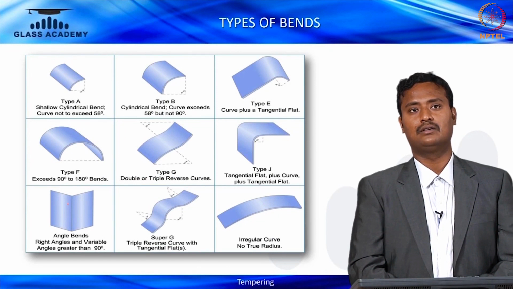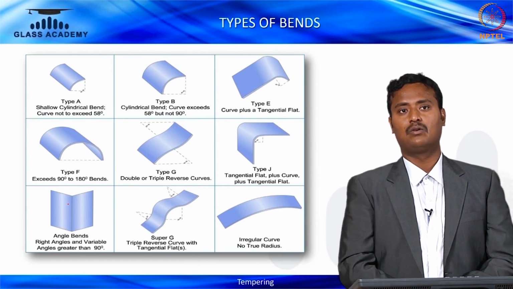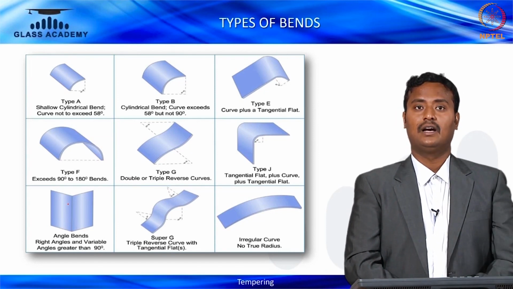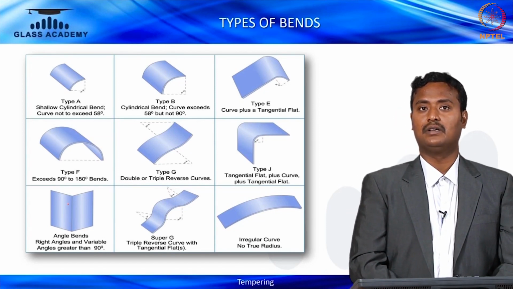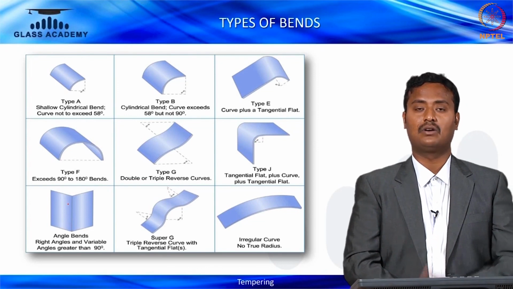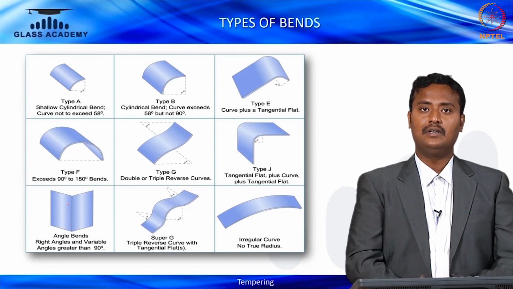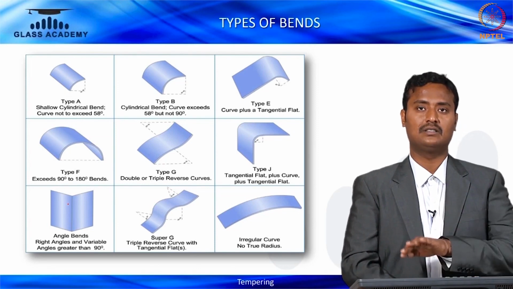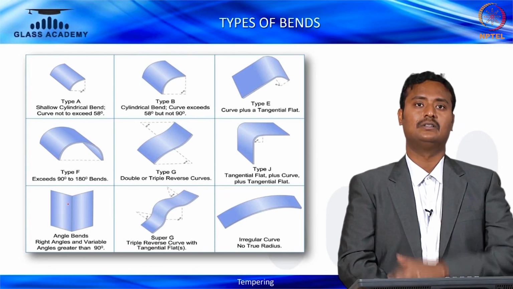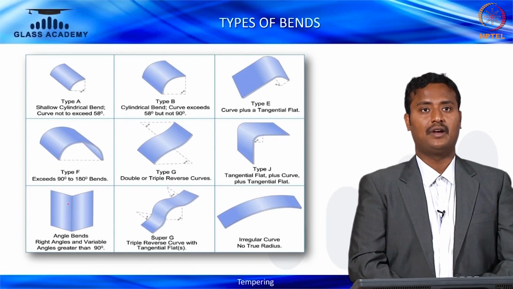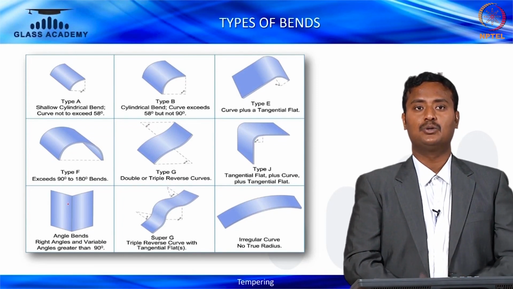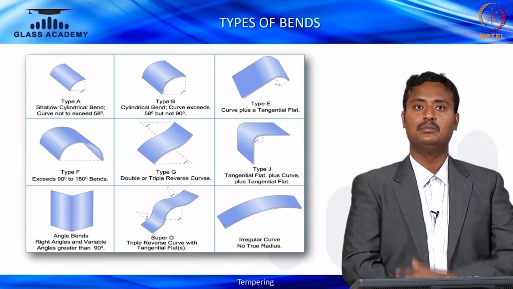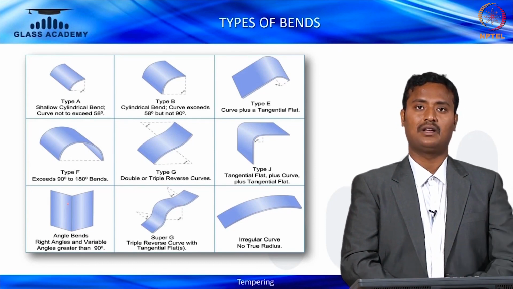So these are the types of bend which you can do. Type A, the shallow cylindrical bend, where the curve does not exceed 58 degrees. Type B, cylindrical bend, where the curve exceeds 58 but not 90. Type E, curve plus tangential flat. You can see one side is flat and one side is a curve. Type F, exceeding 90 degrees up to 180 degrees, is possible. Type G, double and triple reverse curves, can be done.